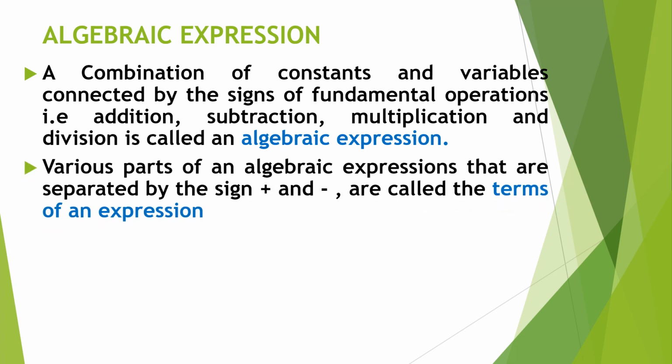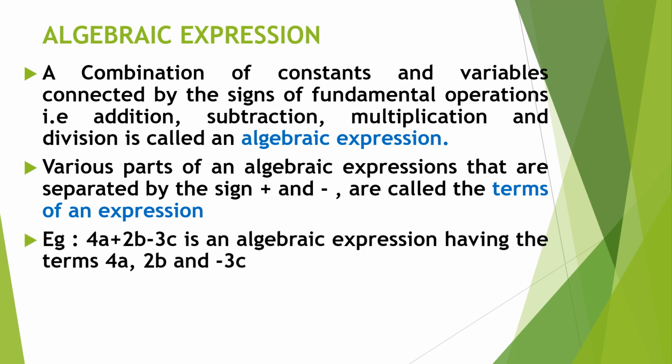Various parts of an algebraic expression that are separated by the sign plus and minus are called the terms of an expression. Now, hope that you understood what is meant by term.